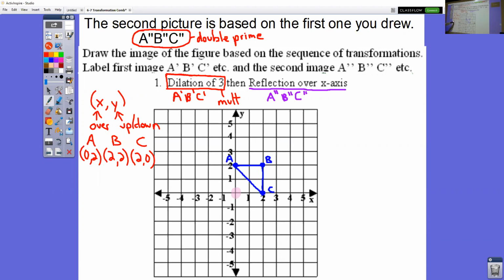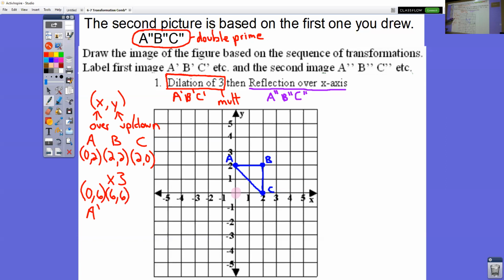So now I'm going to do my dilation of 3. I'm going to multiply all 6 of these numbers by 3 to do my dilation. 0 times 3 is 0. 2 times 3 is 6. For A prime, 0, 2 turned into 0, 6. 2, 2: 2 times 3 is 6, 2 times 3 is 6.